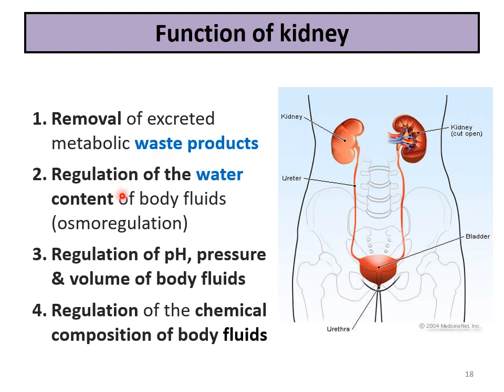And then next, osmoregulation, that is regulating water content. Other than that, the kidney functions in regulation of pH, pressure and volume of body fluids. And last one, it involves regulation of the chemical composition of body fluids.